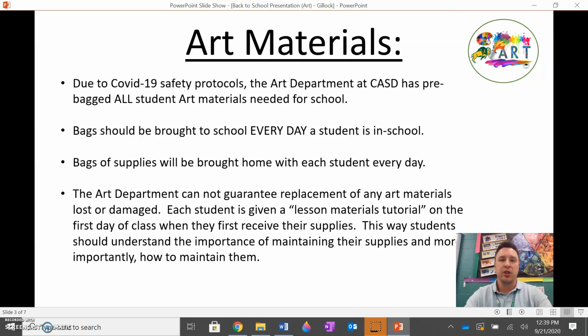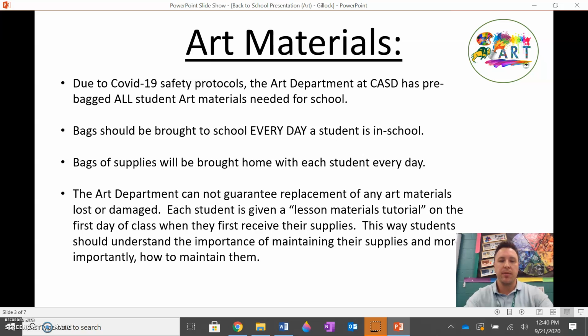But please make sure your child brings their stuff every day so that they have something to work with in class, because normally I have communal art supplies where students can take something and then put it back in the class. But to prevent cross-contamination and anyone spreading any germs, that's why we bag the materials for your child. So please make sure they don't share them with anyone else and that they do bring them to class every day.